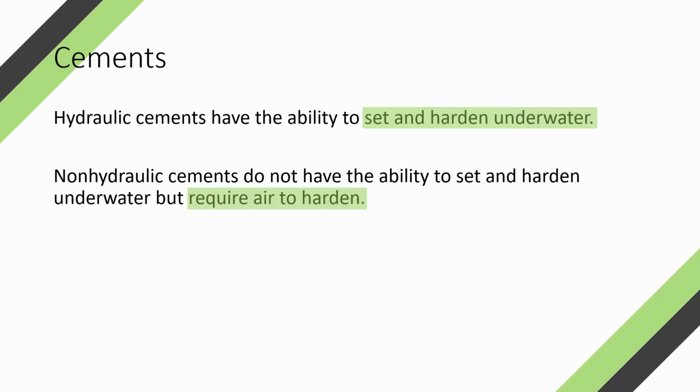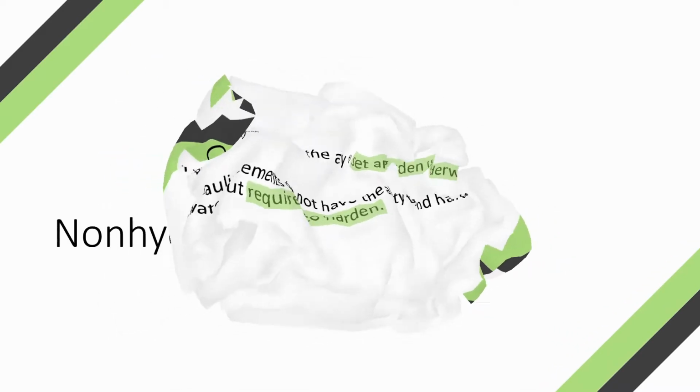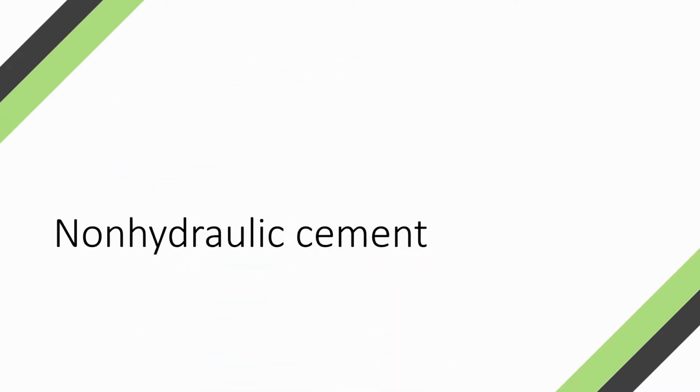So some examples of hydraulic cements are hydraulic limes, pozzolan cements, slag cements, natural cements, Portland cements, Portland pozzolan cements, Portland blast furnace slag cements, alumina cements, and expansive cements. Main example of non-hydraulic cement is yung ating lime. So, let us talk about non-hydraulic cements.